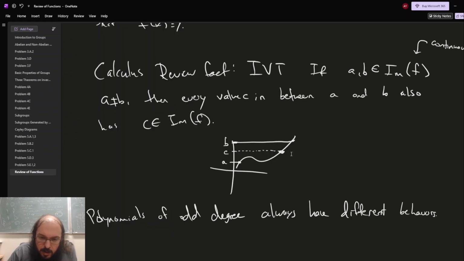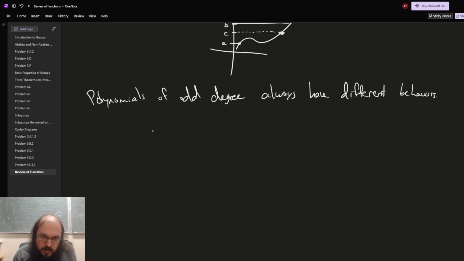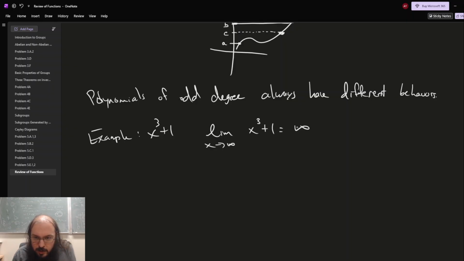What does that mean? It means that, for example, if you have an odd degree polynomial, such as the one we looked at before, then the limit as x goes to infinity is positive infinity, but the limit as you go to negative infinity is negative infinity.